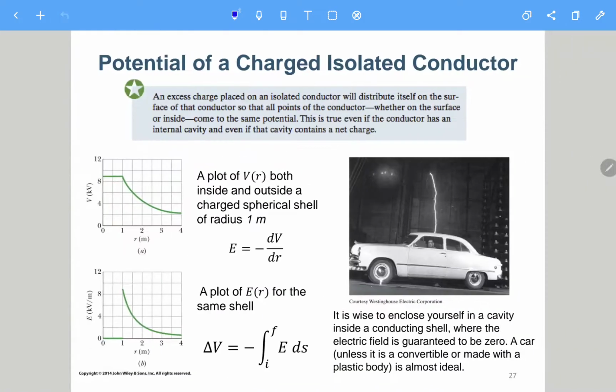Okay, so far, any questions? Here we talk about the potential of a charged isolated conductor.